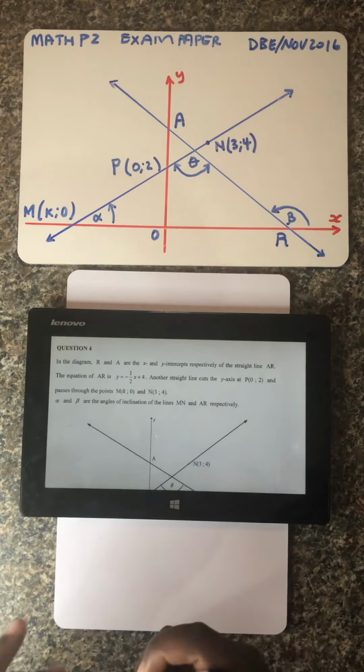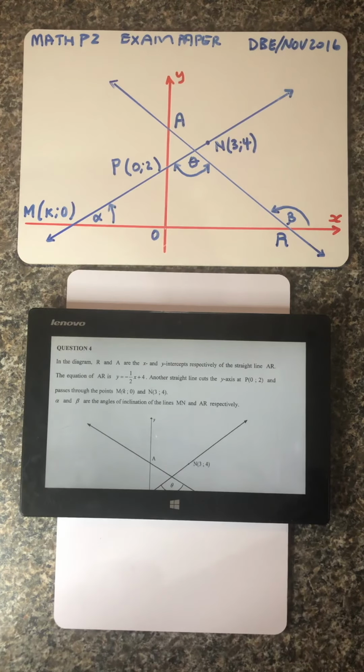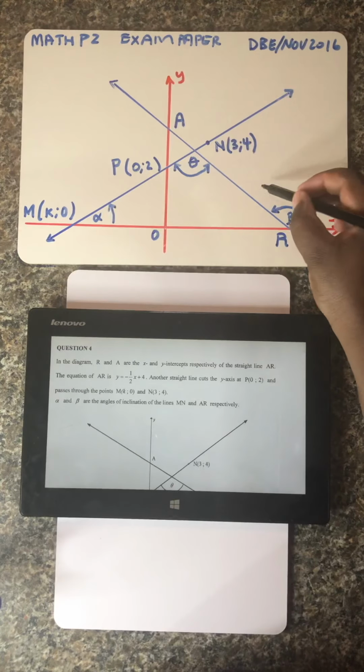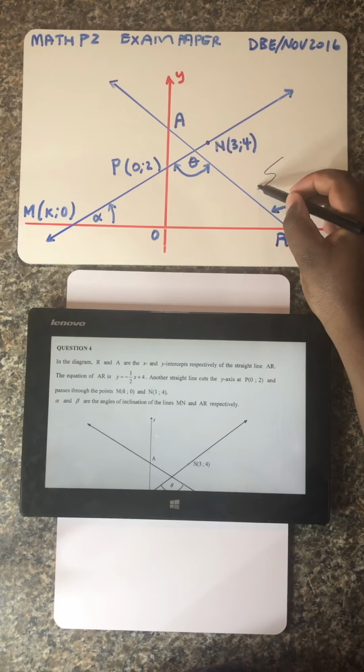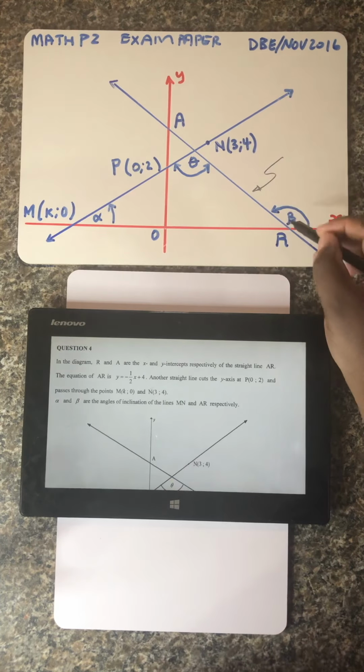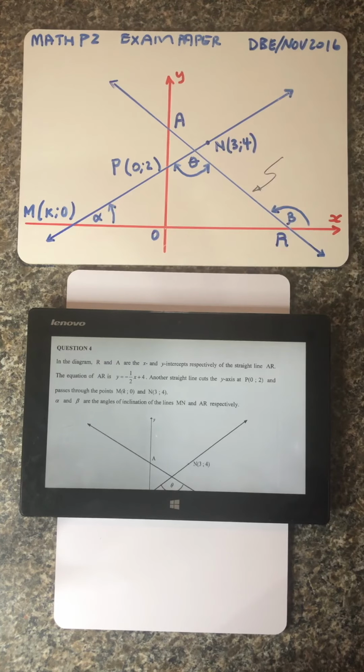So guys, when you're given this kind of information, you immediately note it on this diagram. So that means the equation for straight line AR is given as y equals -1/2 x plus 4.